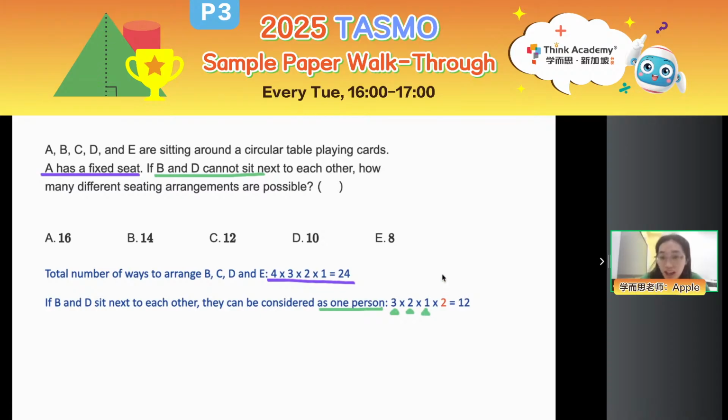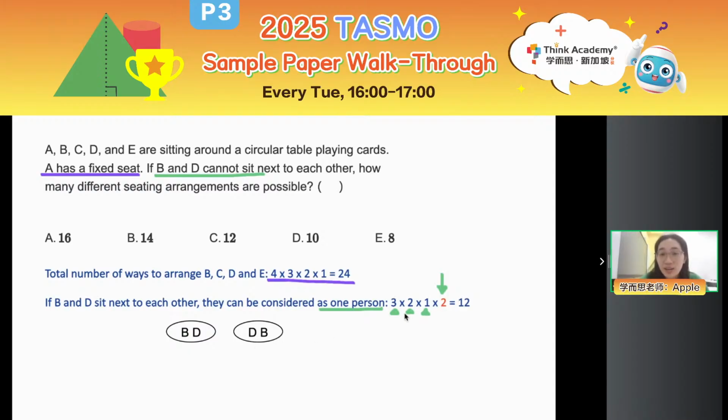But the question is, how come I still multiply by 2 here? Because everyone, you see that you need to consider 2 cases. Either B is to the left of D, or D is to the left of B, right? So that is why we have 2, okay?